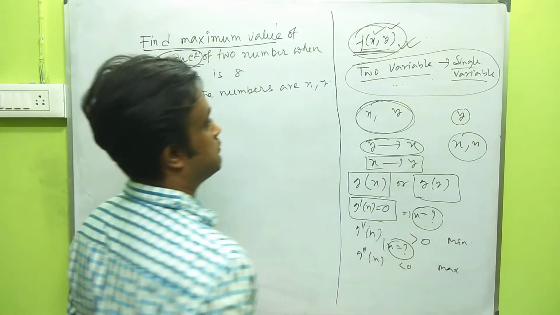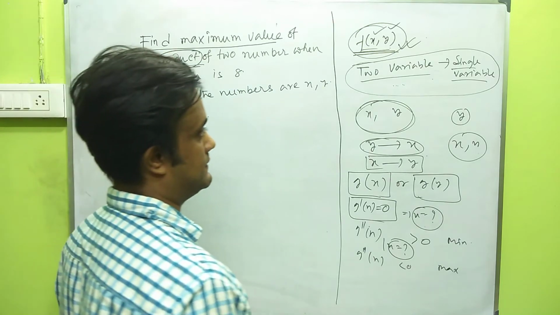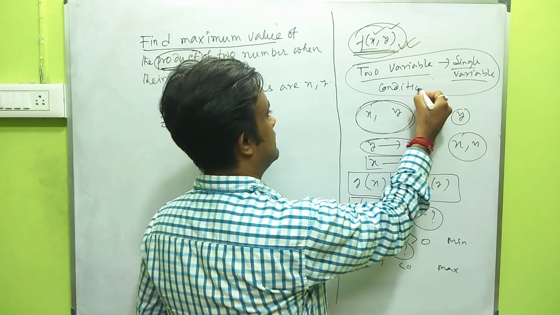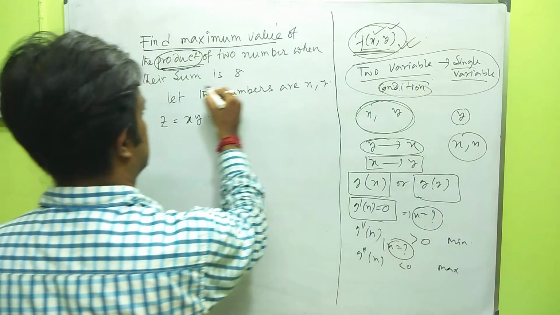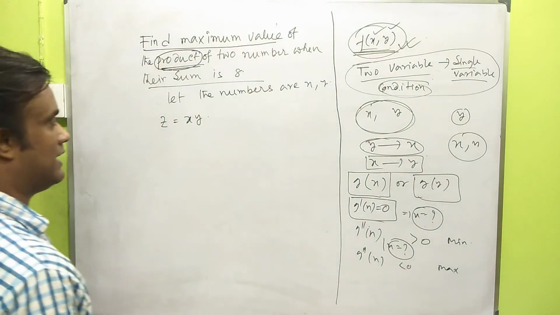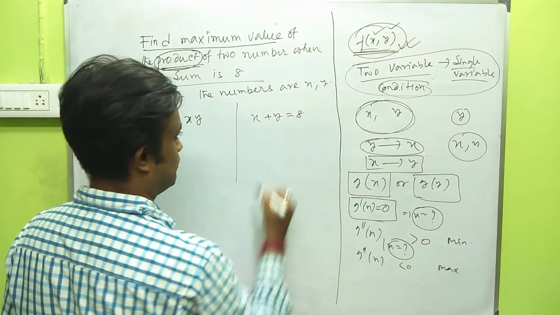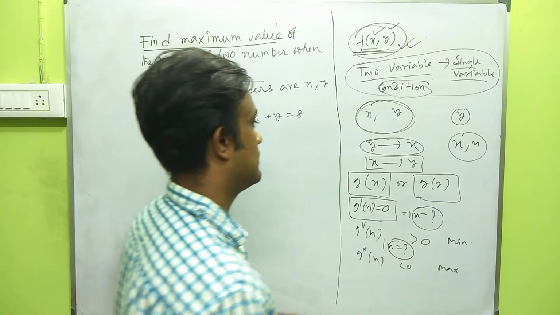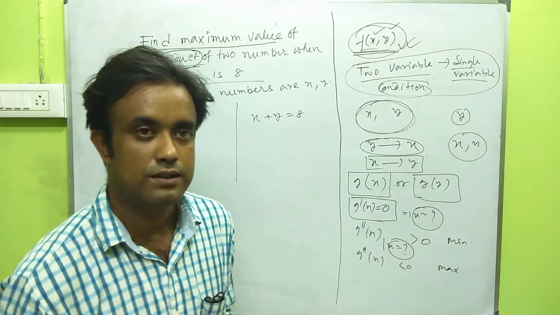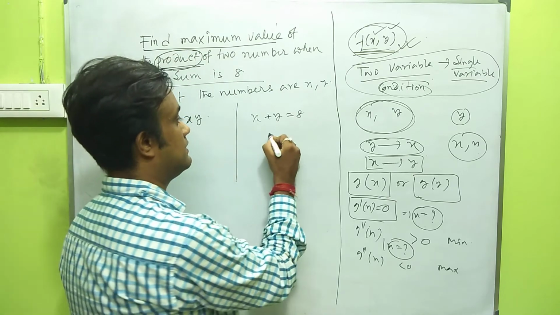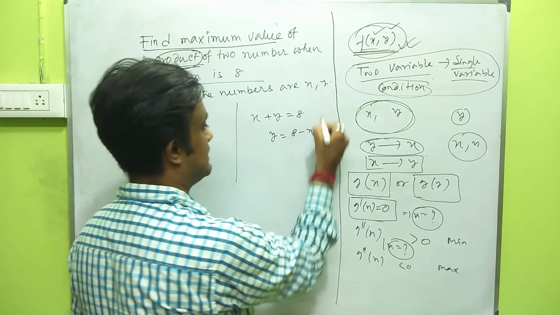For this step there must be a condition. The condition given is that the sum is 8, so x plus y is equal to 8. Now we replace y with x, that is y is equal to 8 minus x.